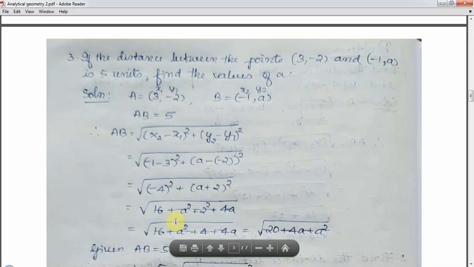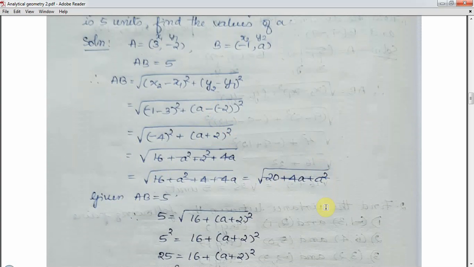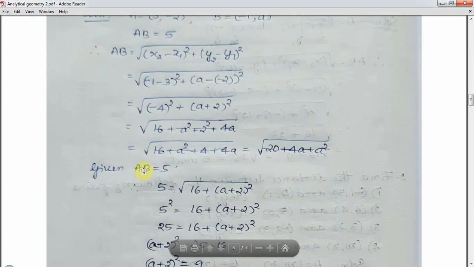Okay, I will keep it now. Given that the distance is already equal to 5, therefore AB is equal to 5. So left hand side is 5. 5 is equal to minus 4 whole square, which is 16, plus this term.